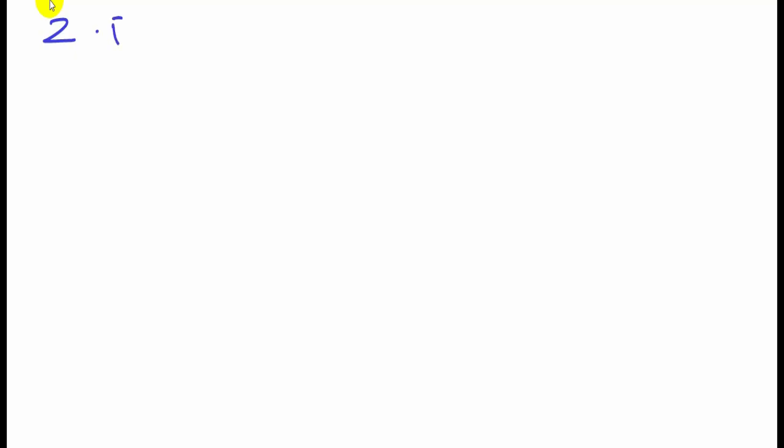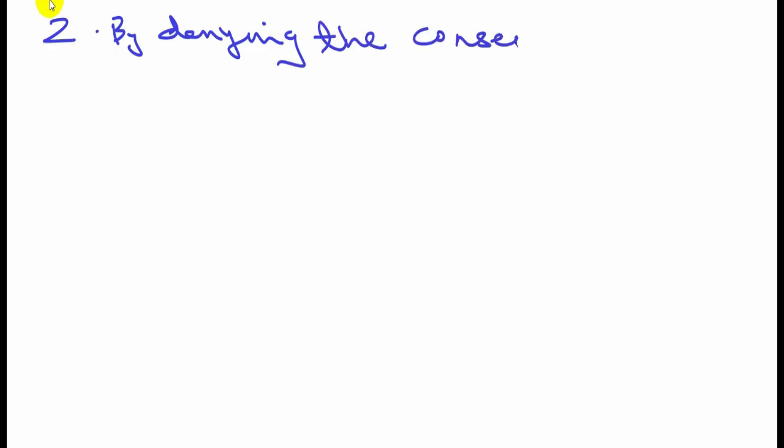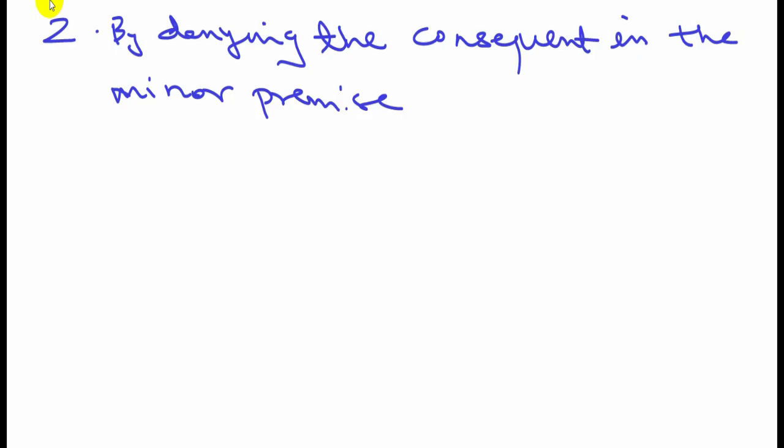By denying the consequent in the minor premise, the antecedent can be denied in the conclusion.